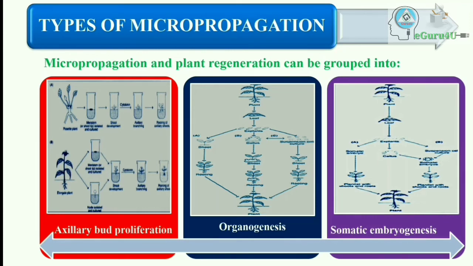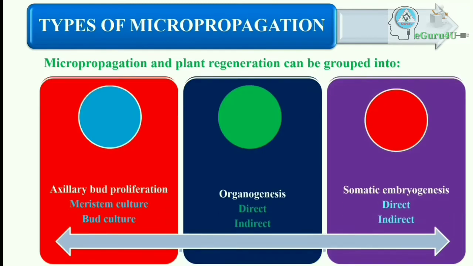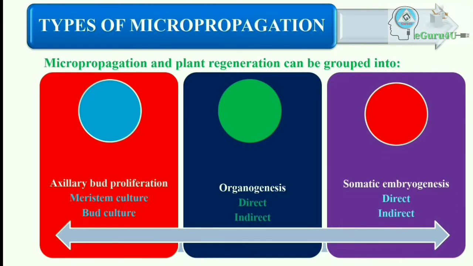Further, shoots and roots are induced, followed by regeneration of whole plantlet. Friends, I always try to limit the length of my videos up to 10 minutes, so due to time constraint, all these methods will be explained separately in further coming videos.